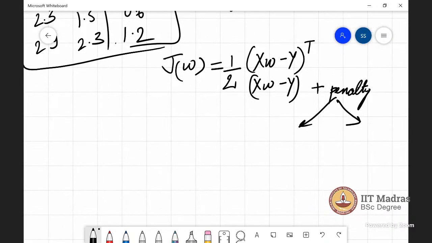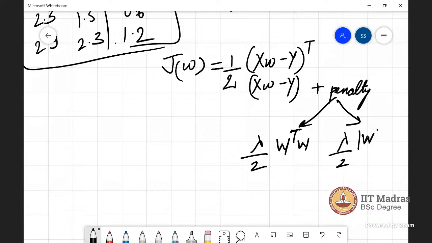If it is ridge, it is going to be lambda by 2 times the weight vector transpose w, or it could be lambda by 2 times the norm of w.